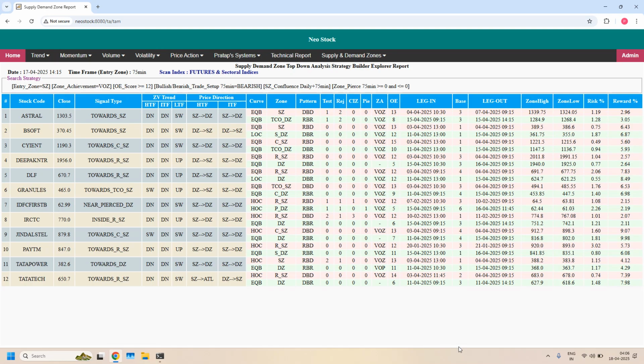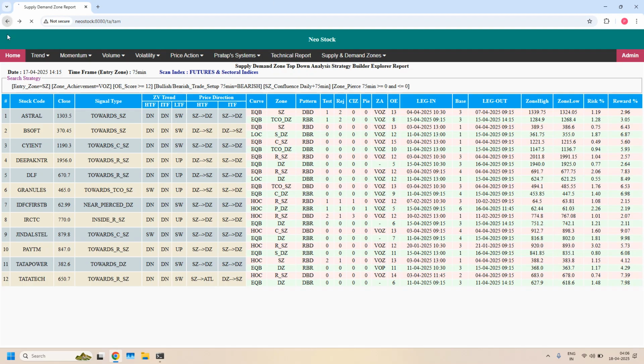That means in all these 12 stocks, 75-minute supply zones are overlapped with the daily supply zone. Daily is ITF. So ITF trend is down in all the stocks. Daily trend is down, and the 75-minute supply zone overlapped with daily. So if the daily supply zone has daily EMA confluence, then the overlapped 75-minute supply zones have an even higher probability of success.